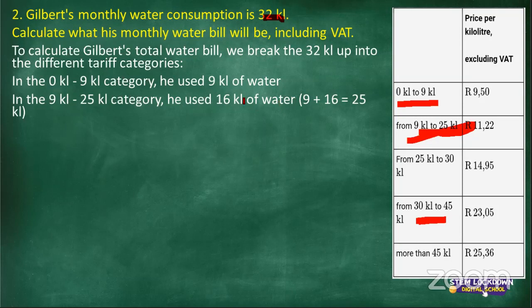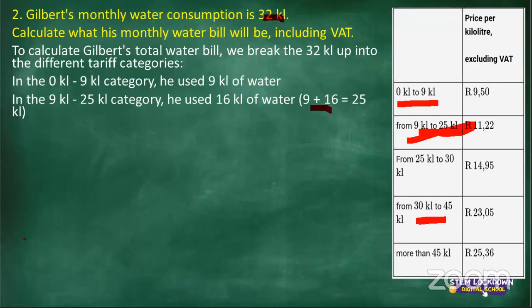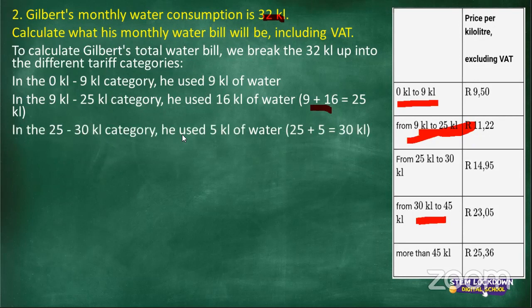Or you add the 9 plus the 16 and you get the maximum, 25 kiloliters. So he used 16 kiloliters of water in this category.